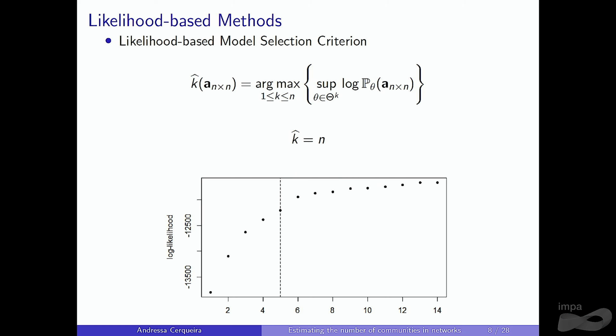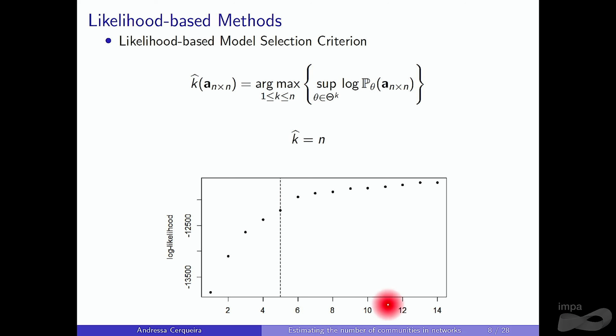I have a network with 5 communities. So when I see this picture here, what I can realize is that the log maximum likelihood is an increasing function, but this function increases faster until the true number of communities, and after that, it's still increasing, but slower, right?